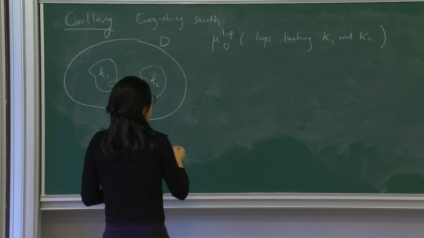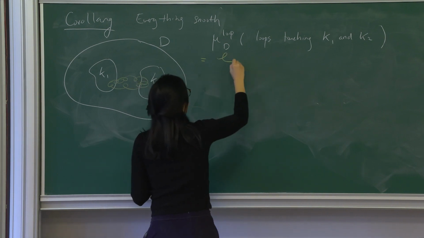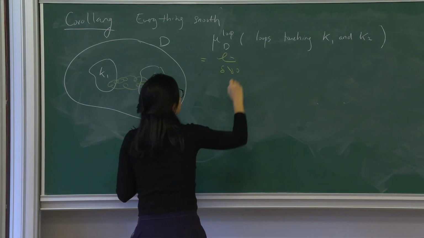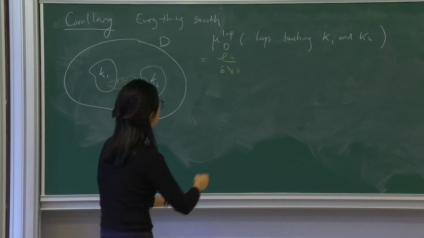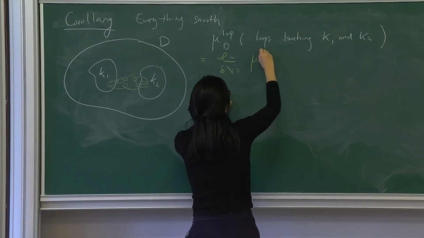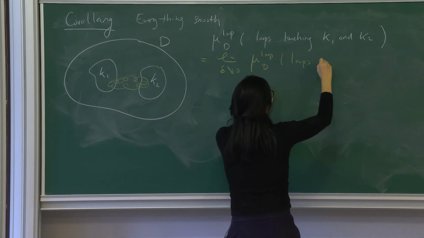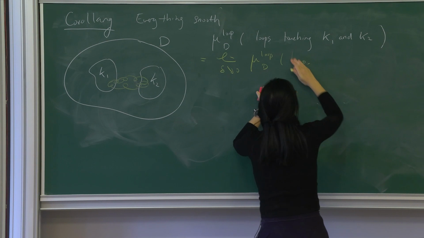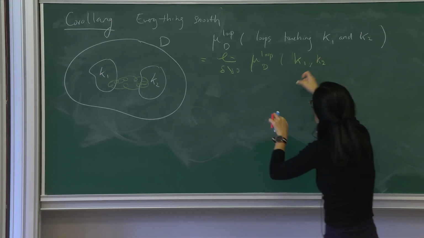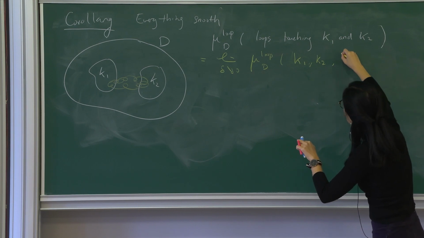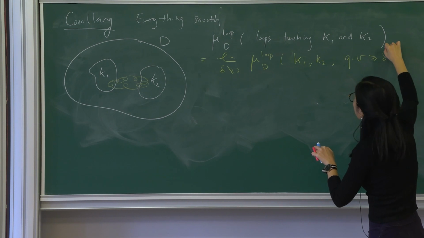All right, let's say this will be a limit as delta goes to 0 of the same thing, the loops touching K1 and K2, with quadratic variation larger than delta.